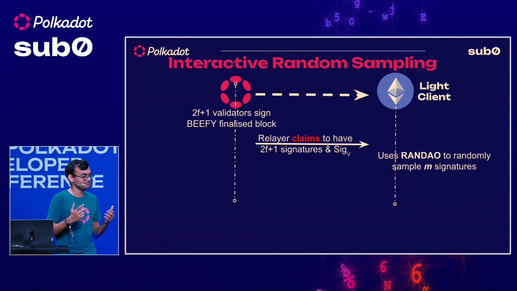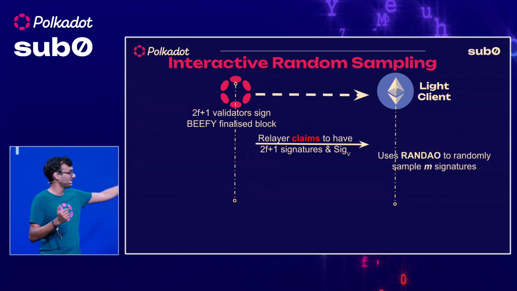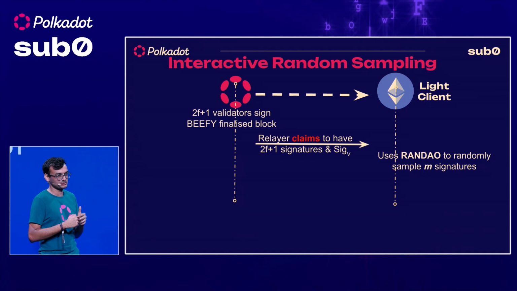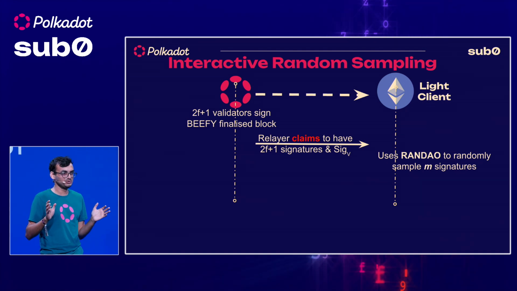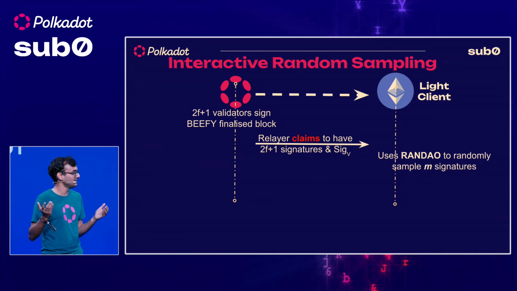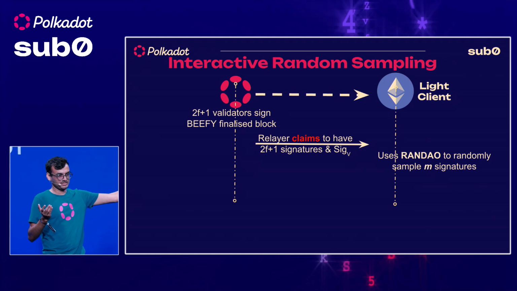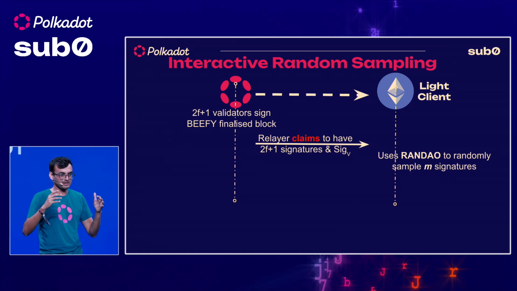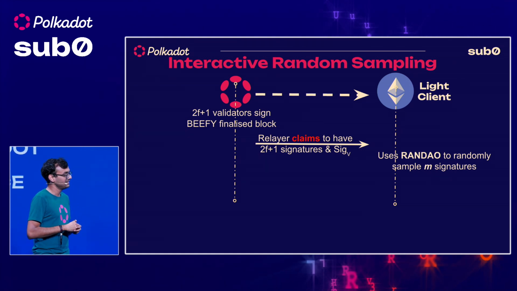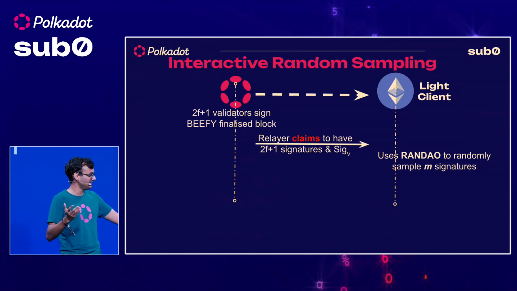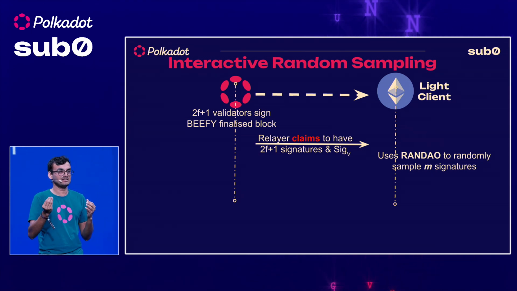And what happens is that the light client gets to know, okay, you claim that you have these 200 signatures. What I will do is use a source of randomness. Here it's RANDAO on Ethereum, but it can be any unbiasable source of randomness. It uses this source of randomness to randomly sample M signatures.